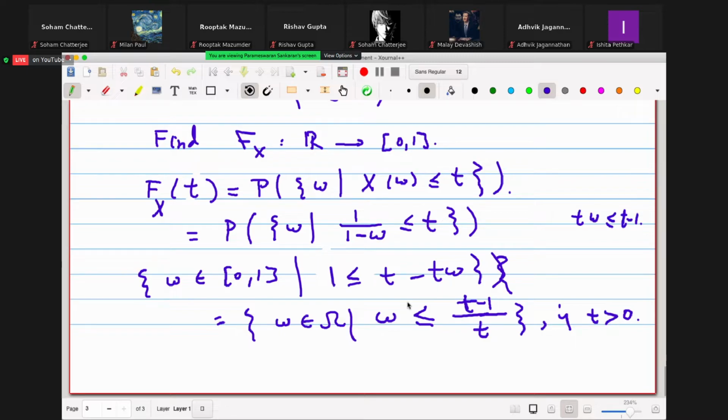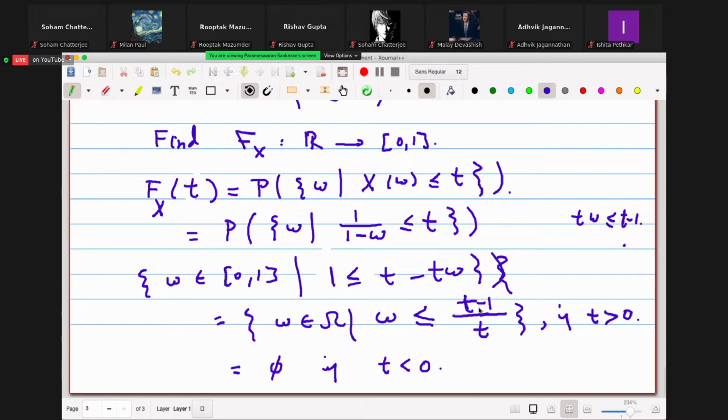Check this if t is less than 0. Omega is a fraction, so this will be a fraction of t, and t minus 1 is even less than t. How can that happen? That's not possible. So this is the empty set if t is less than 0.